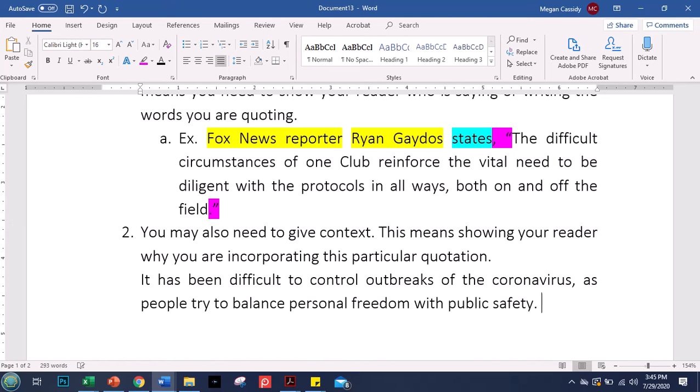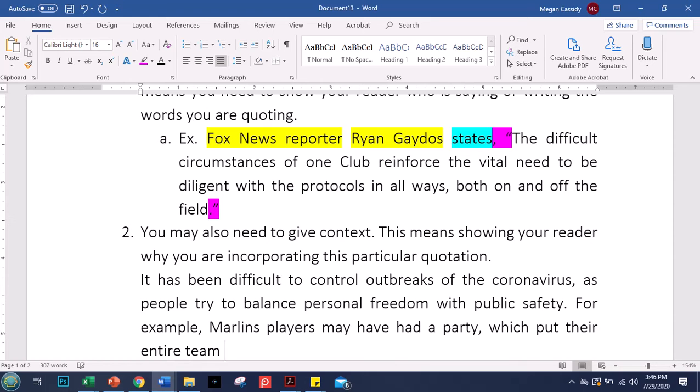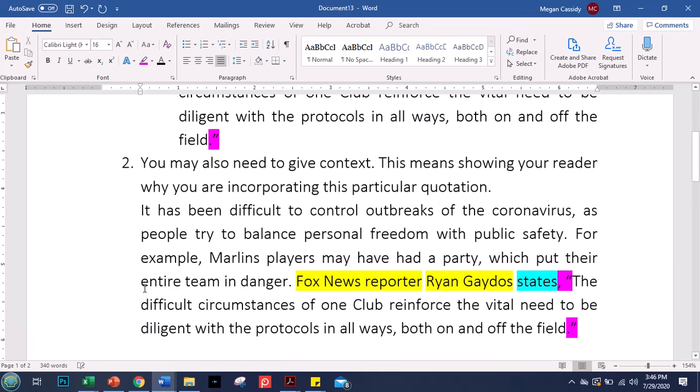So that's kind of my topic sentence. For example, Marlins players may have had a party which put their entire team in danger. And then I have my quote.